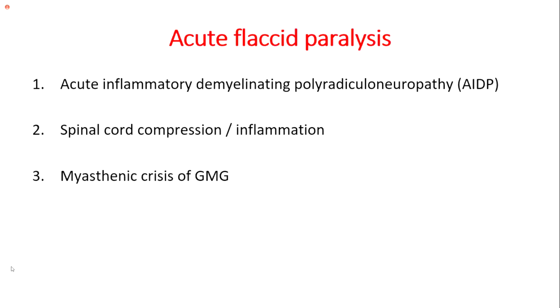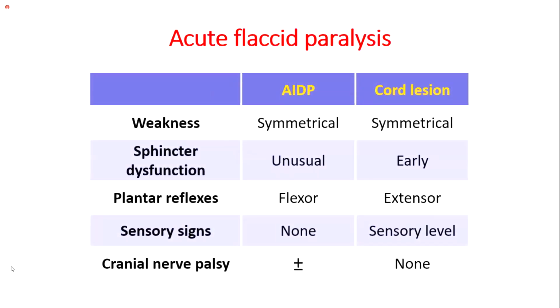Now, I'm not going to take myasthenia gravis because I have already taught you that, but how do you differentiate AIDP, that is acute inflammatory demyelinating polyradiculoneuropathy, from a cord lesion? Now, weakness is symmetrical in both conditions.